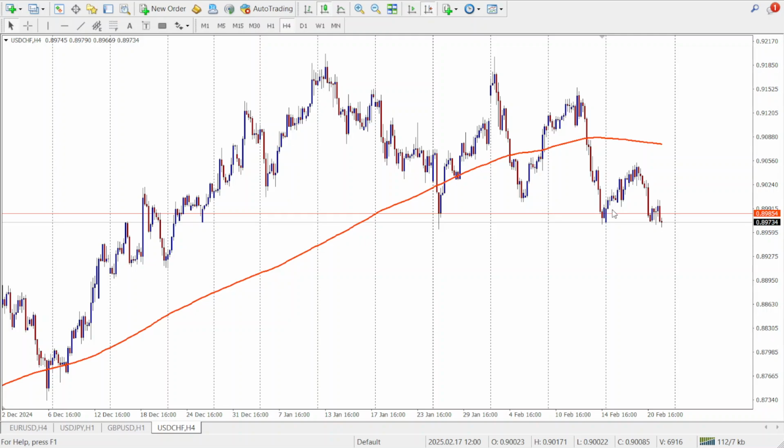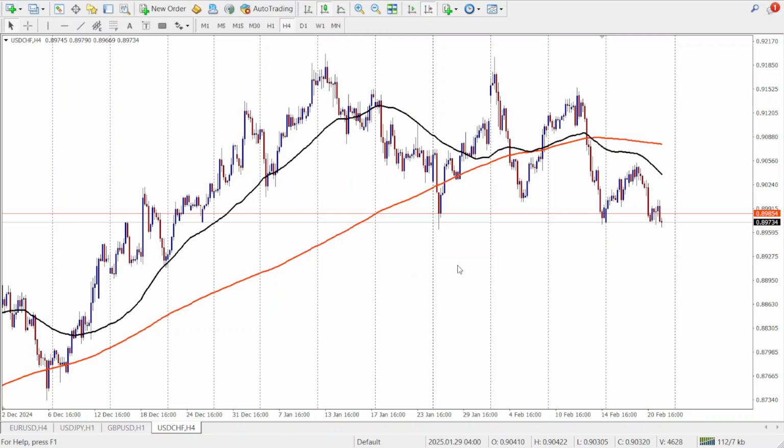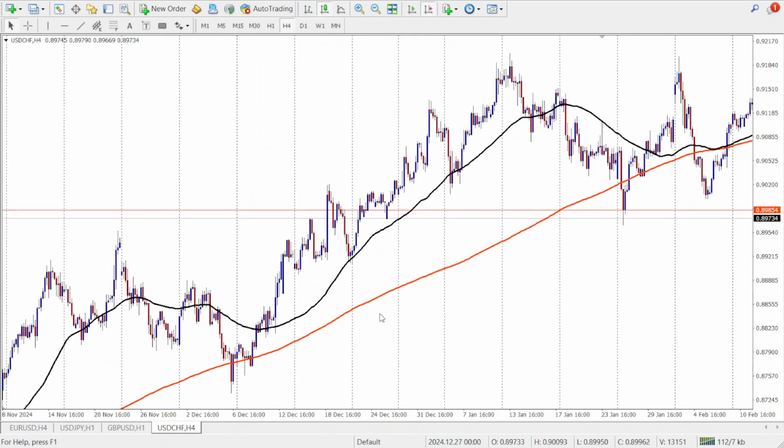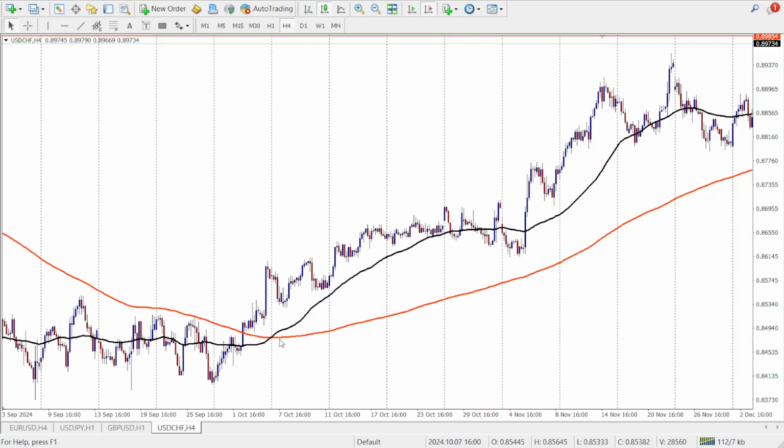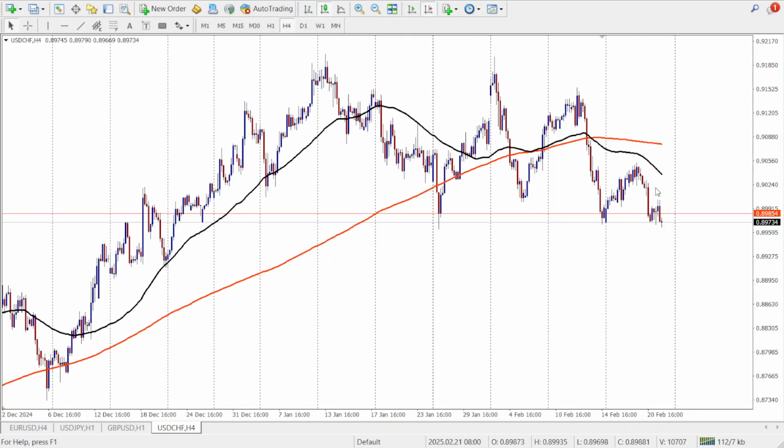Traders often use the 200 period moving average in combination with shorter term moving averages like the 50 period moving average, just to confirm trades. For example, if the 50 period moving average crosses above the 200 period moving average, that's a bullish signal. Conversely, if the 50 period moving average crosses below the 200 period moving average, that signals a bearish market.